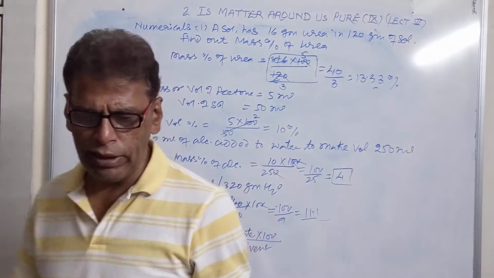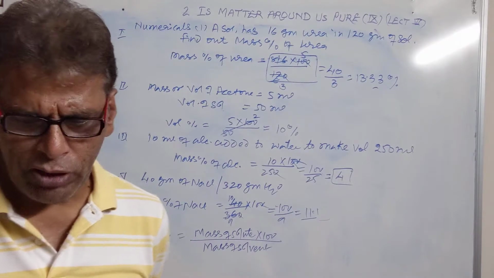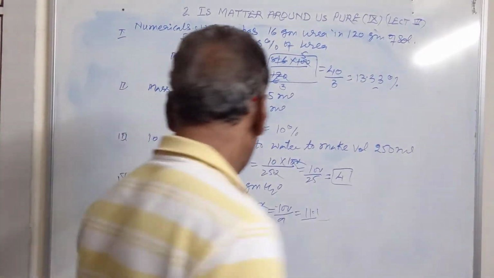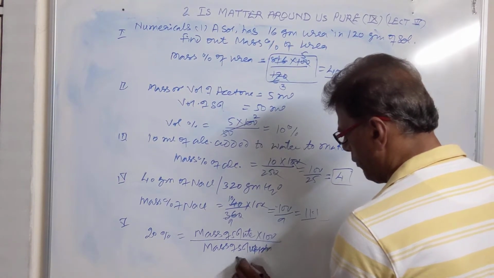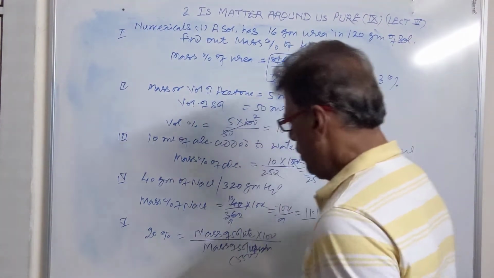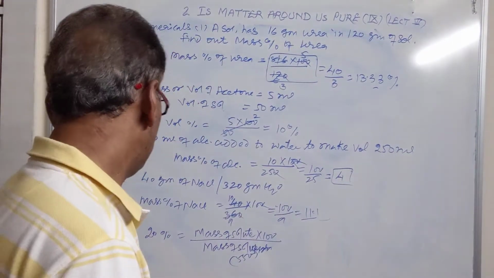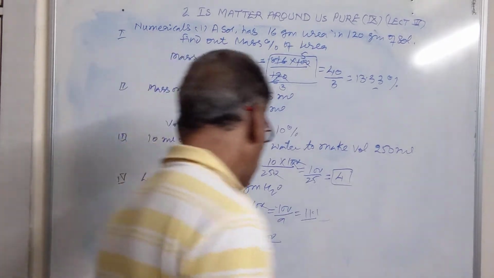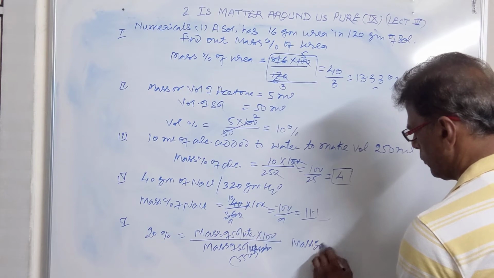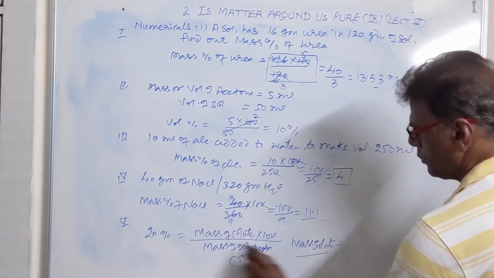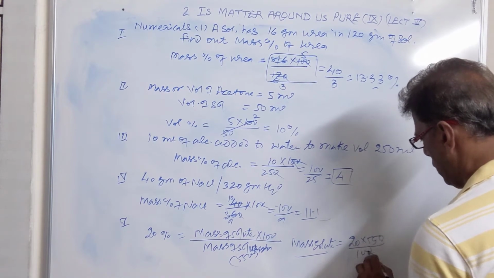Now we want to calculate mass of solute in this case. Then how to proceed for that? The mass of solution is given, it is 550. So mass of solute will be 20 multiplied by 550 upon 100.